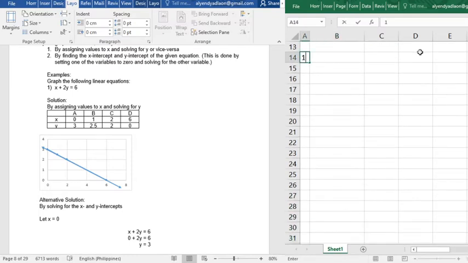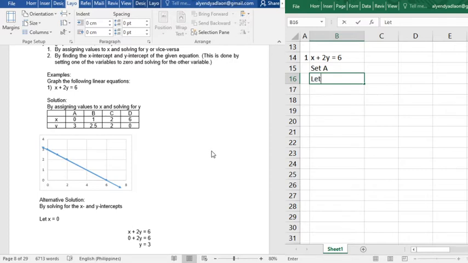Let us try our first example. We have x + 2y = 6. From the first method, we assign values to x and solve for y or vice versa. How did we get these numbers? Let us start by assuming x as 0. This is our set A. In set A, we have x + 2y = 6.